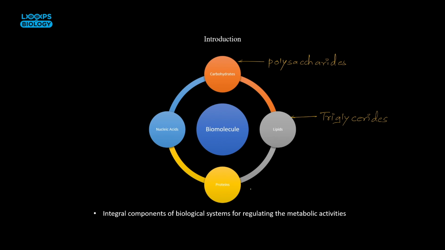If I'm talking about proteins, there will be polypeptides, while if I'm talking about nucleic acids, there will be polynucleotides. These are the complex structures formed by carbohydrates, lipids, proteins and nucleic acids, and all these components are integral components of the biological system.